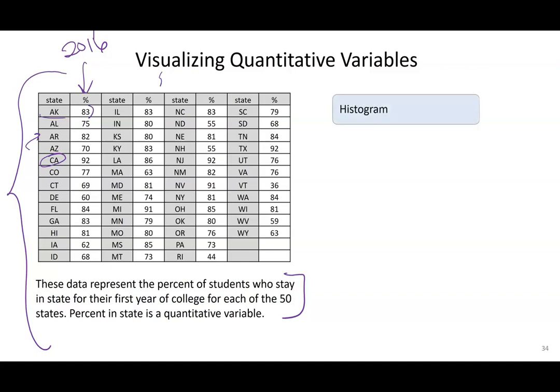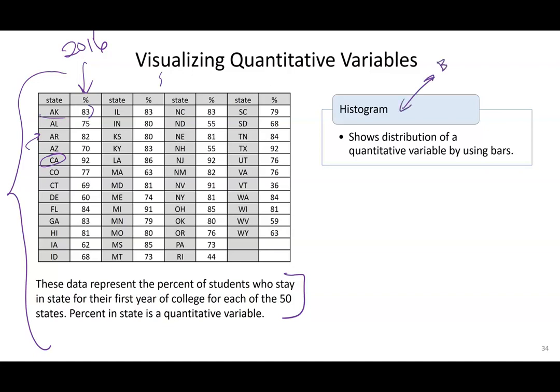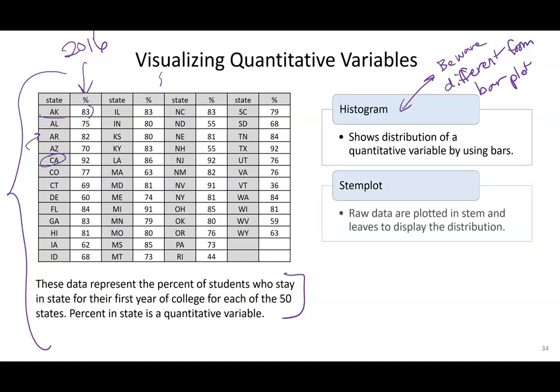So, histograms, it's going to show a quantitative variable by using bars. So, beware, it is different from a bar plot. And we'll go over why. So then stem plots, so raw data, we put them into stem and leaves.